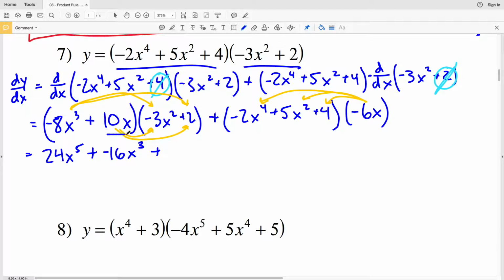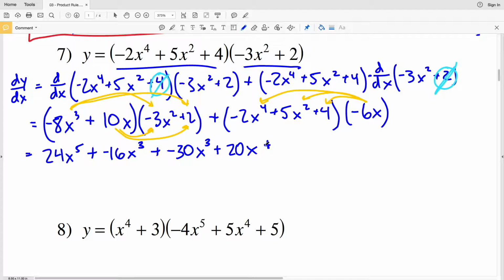Now my inside terms, 10x times negative 3x squared. 10 times negative 3 is negative 30, and x times x squared will be x cubed. So that'll be negative 30x cubed. So first, outside, inside, and now my last terms, 10x times 2 is 20x.